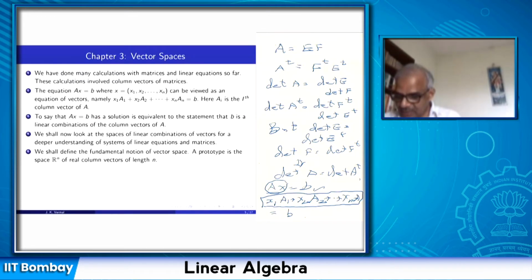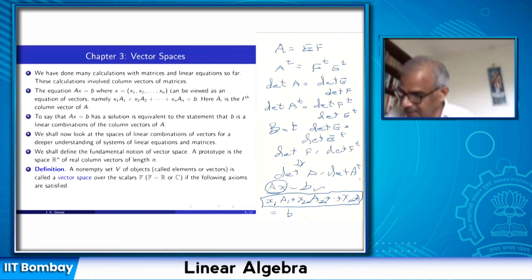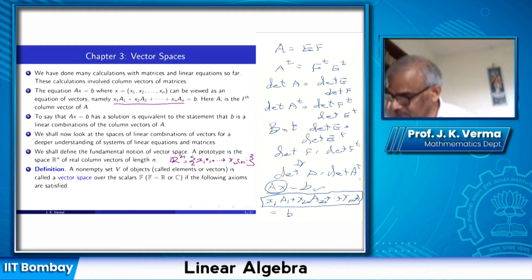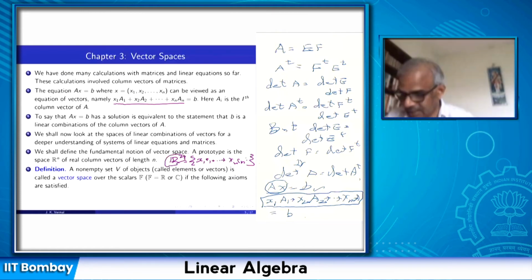But Rn can be thought of as the space of linear combinations of n column vectors, which are the basic column vectors. Rn is simply the set of all linear combinations of basic column vectors, where the xi's are some real numbers. So to solve the matrix equation, we are also looking at linear combinations of column vectors of A. But if we take the basic column vectors E1 up to En, then this set of all possible linear combinations is nothing but our usual n-dimensional space Rn.